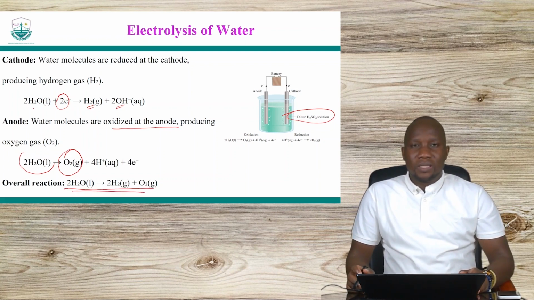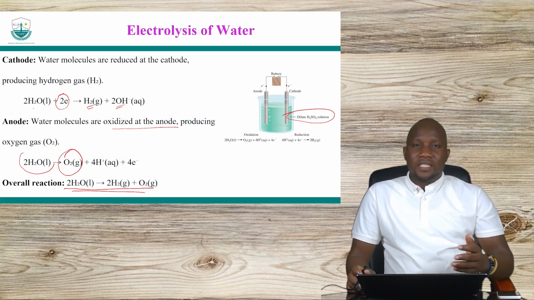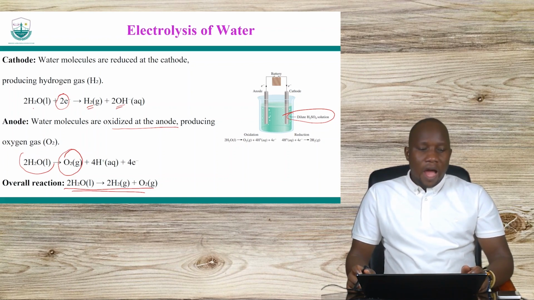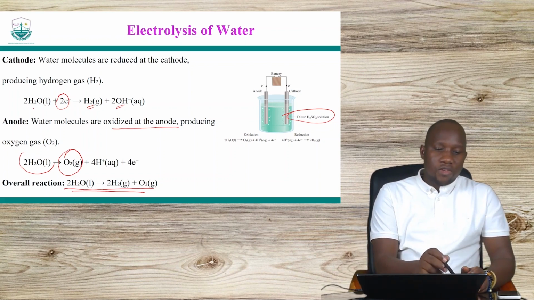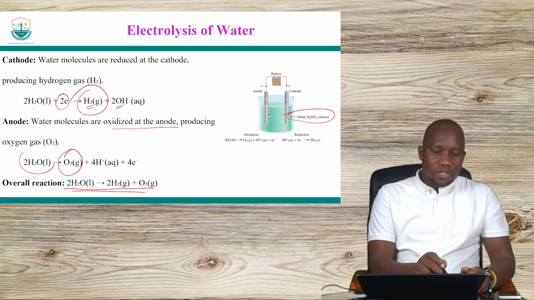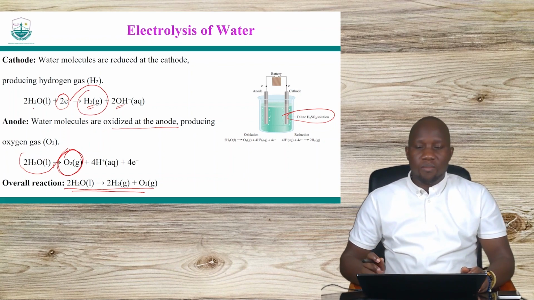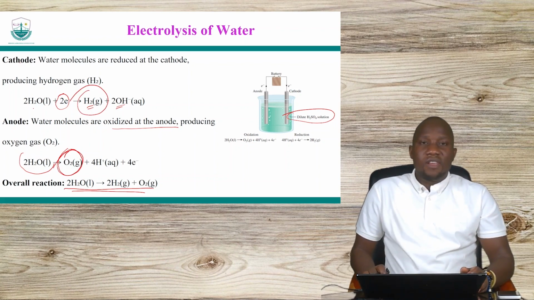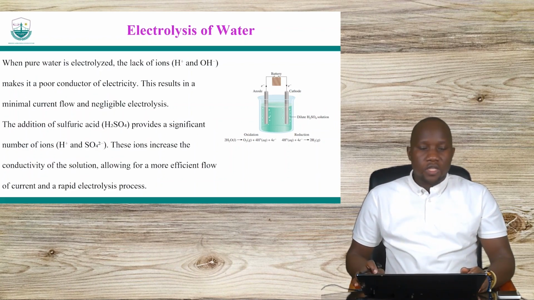This is basically to tell you that you will have bubbles of gas produced at each of the electrodes. At the cathode, you will have hydrogen. At the anode, you will have oxygen being produced when you have electrolysis of water.